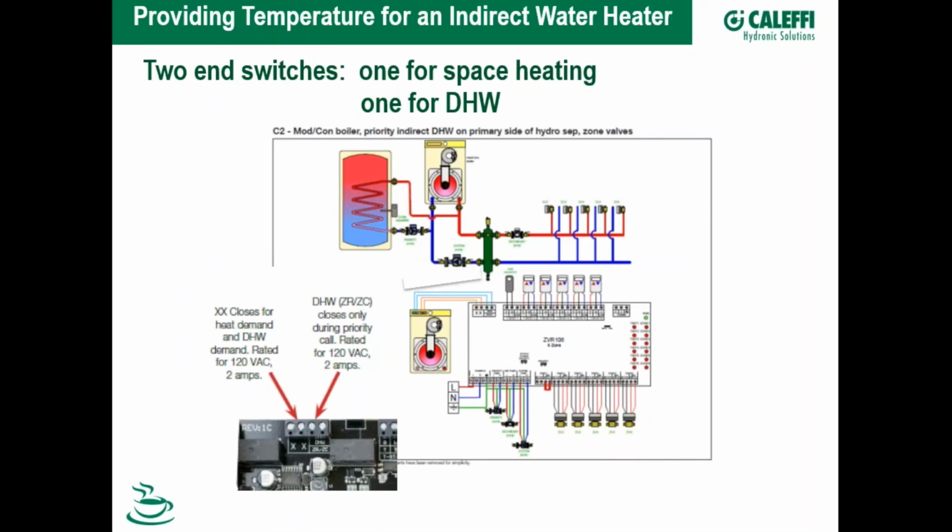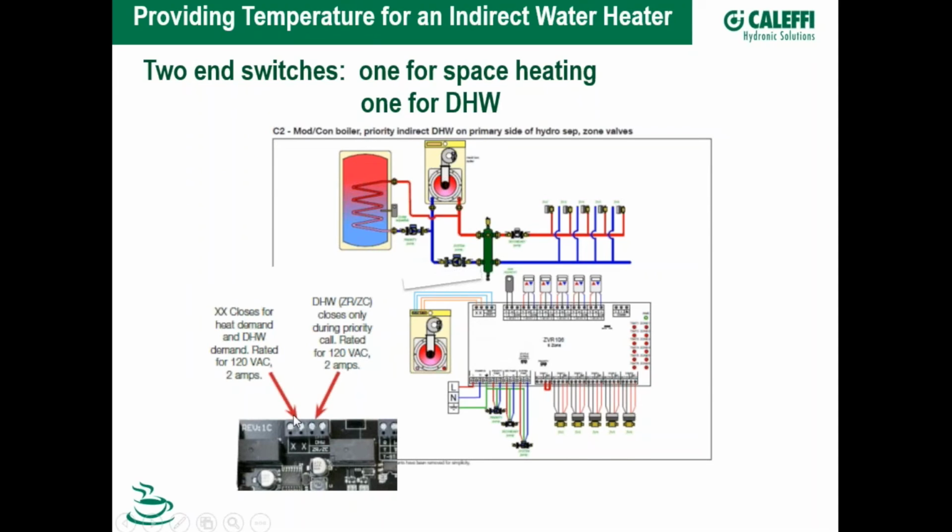The flow rate through both the hydraulic separator and the indirect water heater drop off. So with this one, if I'm doing it prior to the hydraulic separator, I always pull for priority.